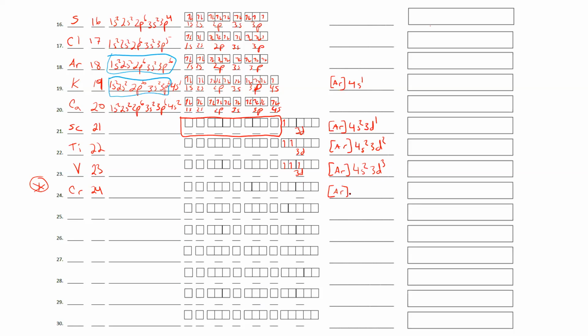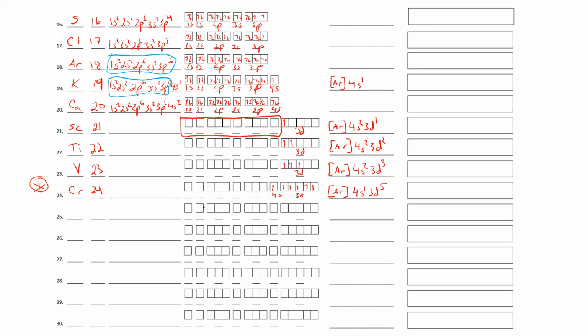So we have argon, 4s1, 3d5. There's just an inherent stability to having 1 electron in the 4s and 5 electrons, basically a set of d orbitals that are completely half filled. Okay, so this is going to be an exception to the rule, the chromium here. We'll have 1 electron in all of these orbitals.